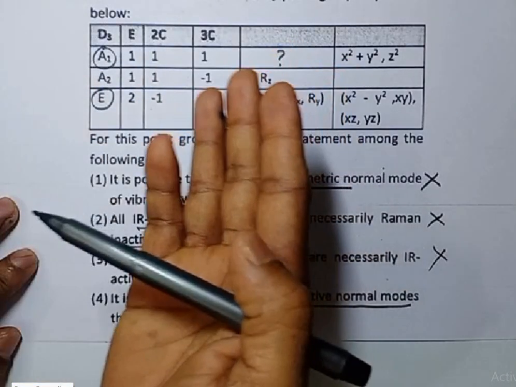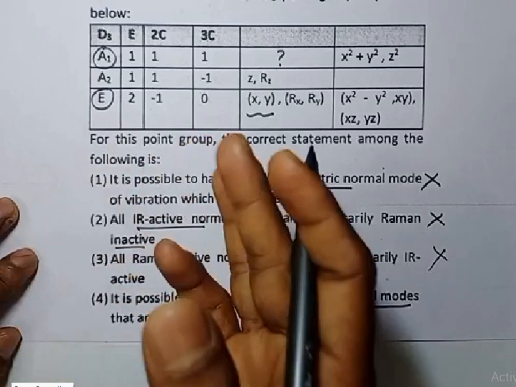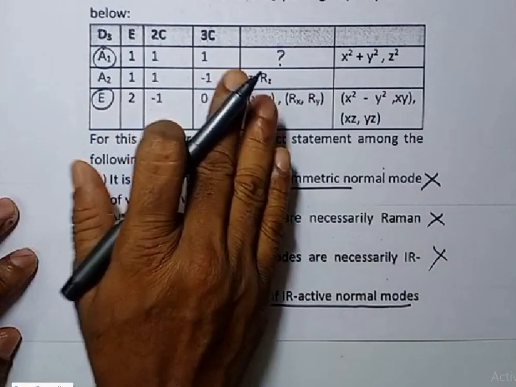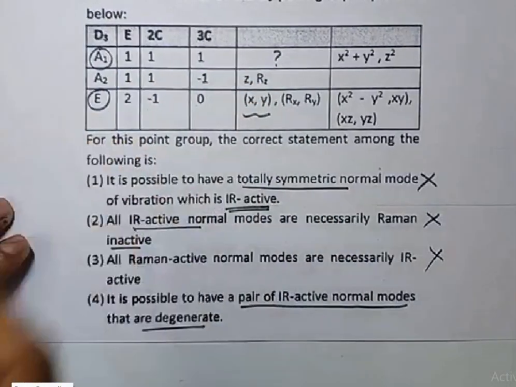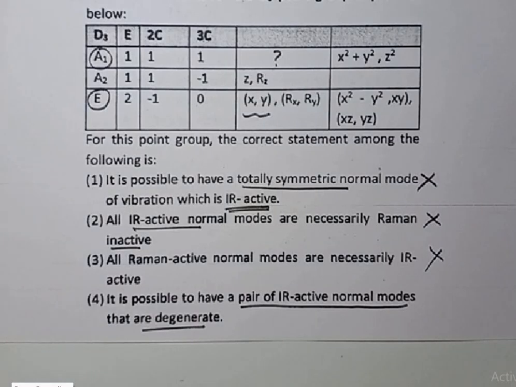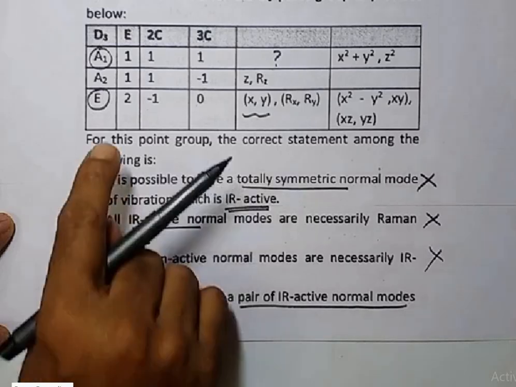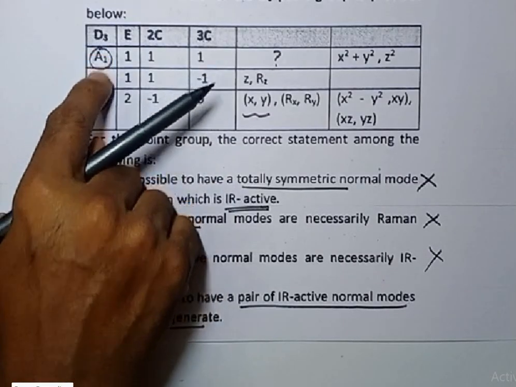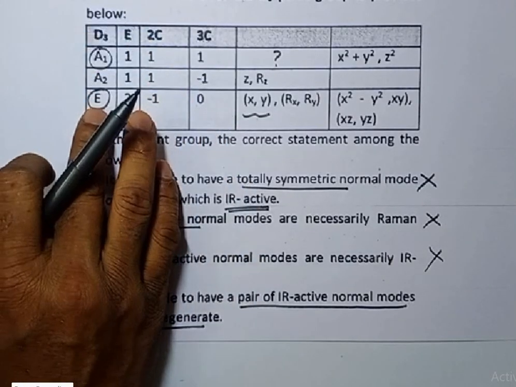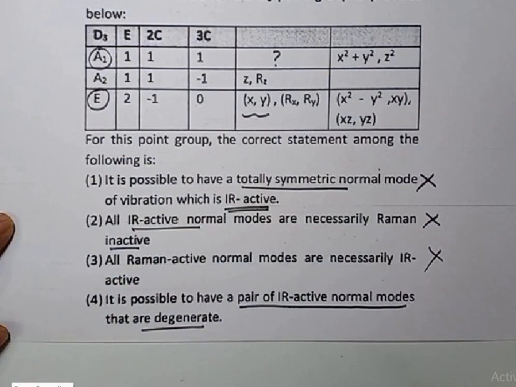So usually in this point group, two normal modes can be present in the same irreducible representation. So it is possible to have a pair. Yes, it is possible. Why? Because if all are one dimension, then only one normal mode is possible for a particular irreducible representation.